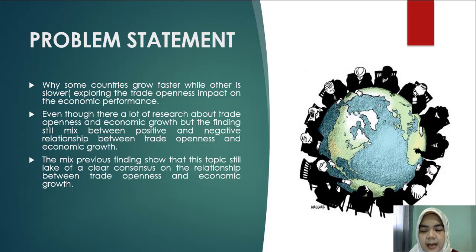Other than that, the previous literature showed that some researchers state there is a positive relationship between trade openness and economic growth, and some state there is a negative relationship. Based on this, the topic still lacks a clear consensus on the relationship between trade openness and economic growth.